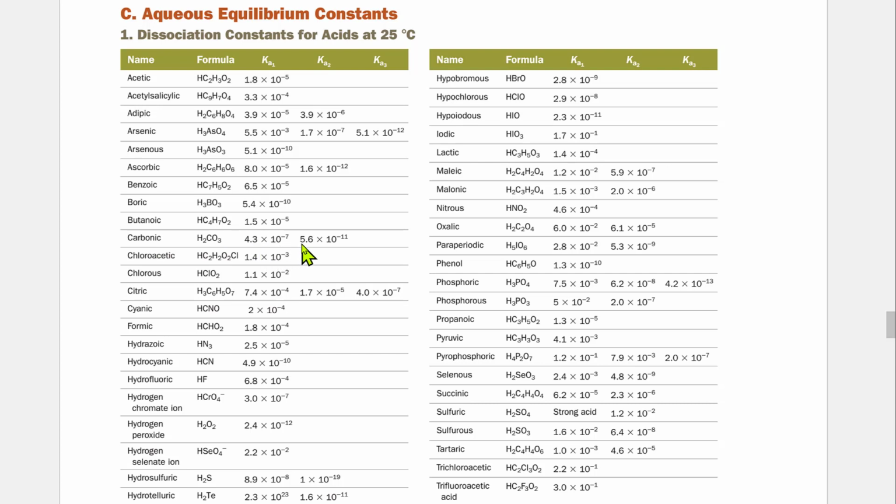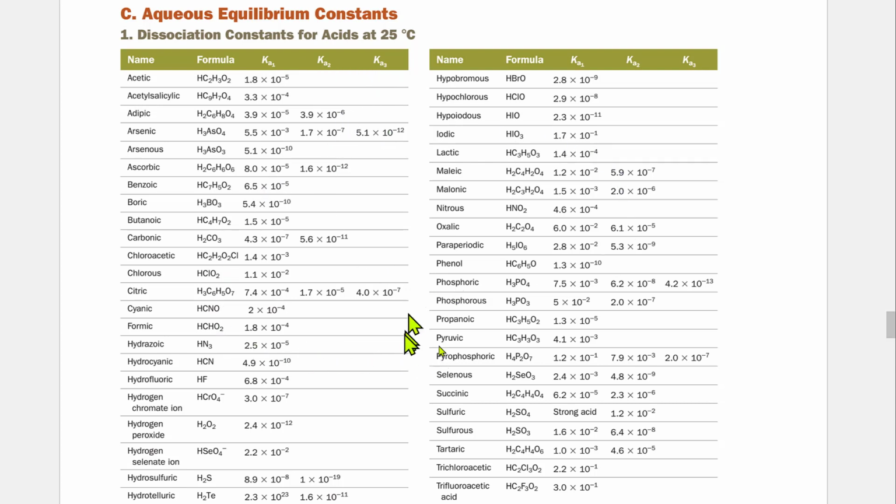And I looked it up in another source. Here, it's the second ionization. So when you have a polyprotic acid, it has more than one proton. It'll list the first ionization and then second ionization, and then for citric acid it has three, third ionization. And they'll list them as Ka1, Ka2, and Ka3. So that's where these things come from.